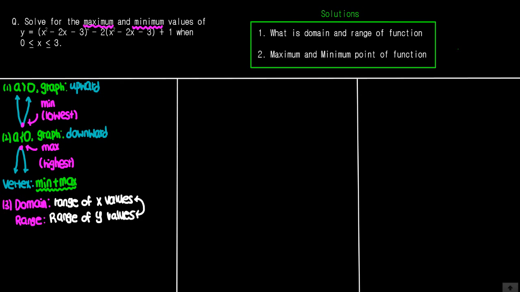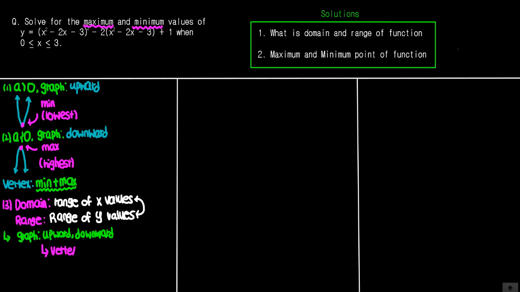When we think about the domain and the range of the function, the reason is that the graph of the quadratic function opens either upward or downward forever, and it only contains one point, which we call the vertex.